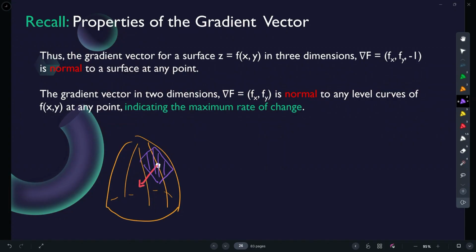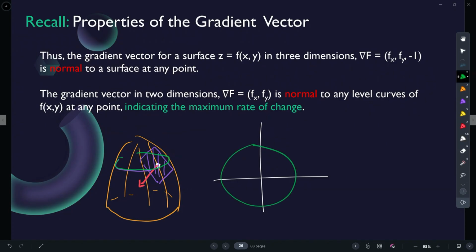OK? And we saw that the gradient vector in 2 dimensions is normal to any level curve. So if I make a level curve that goes by that point, and I look at the point here, this gradient is going to give me a normal vector, a vector that is perpendicular to the tangent line to that cross section.